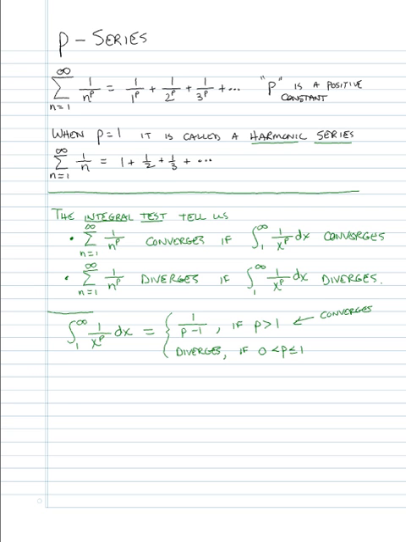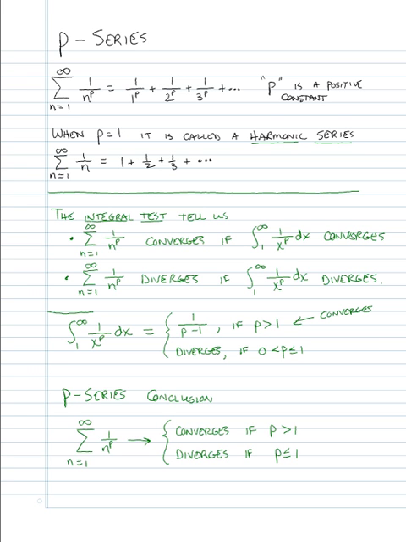So here's our conclusion for a p-series. The sum from n equal 1 to infinity of 1 over n to the p power will converge if p is greater than 1, and it diverges if p is less than or equal to 1.